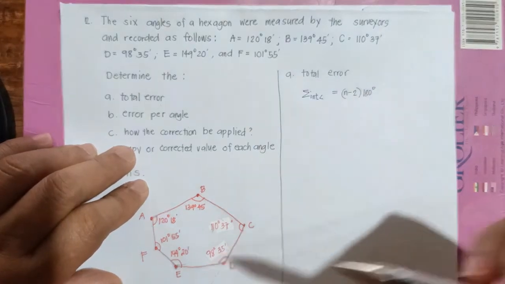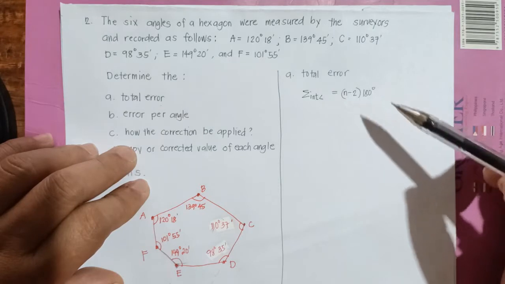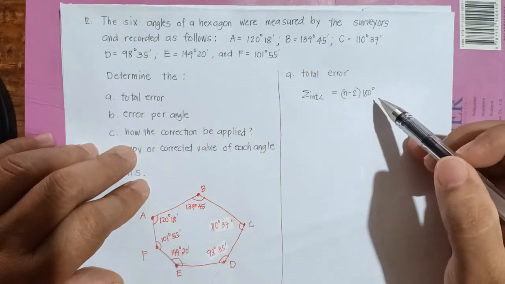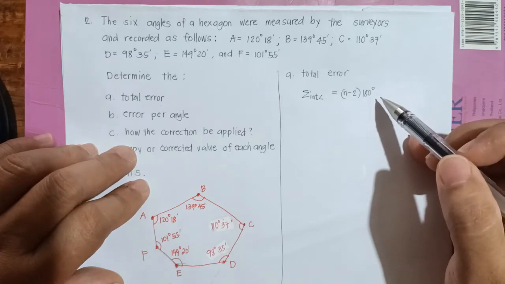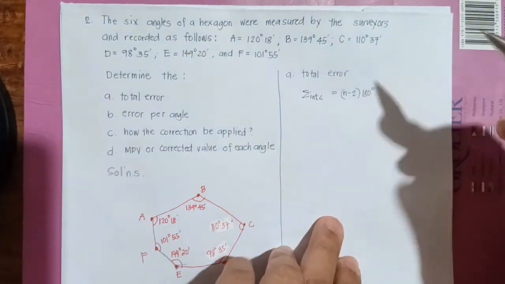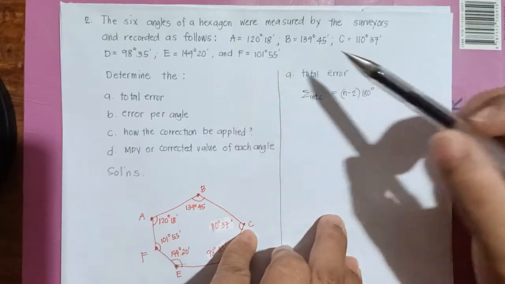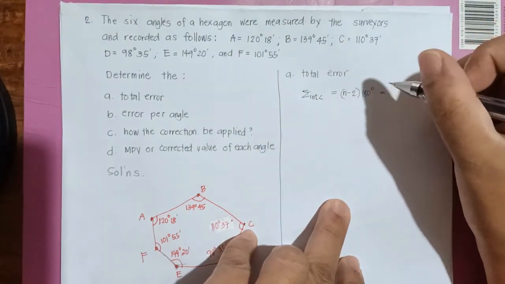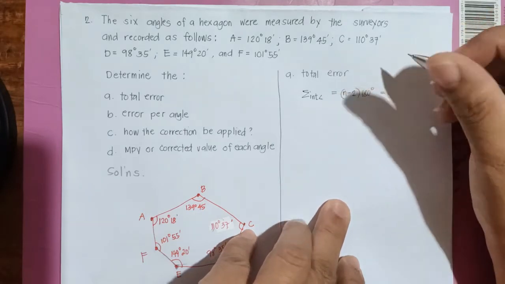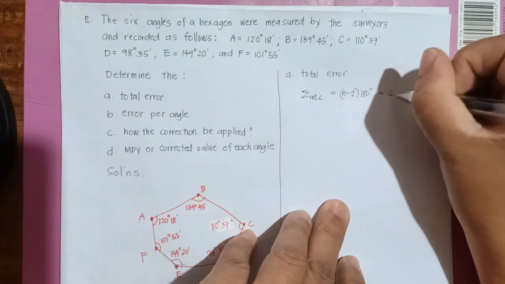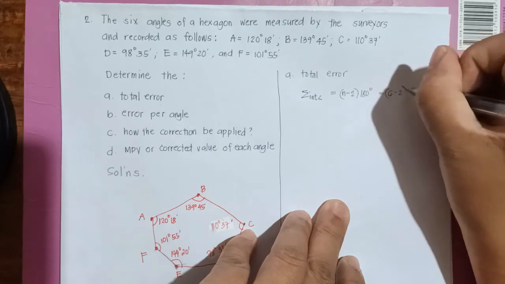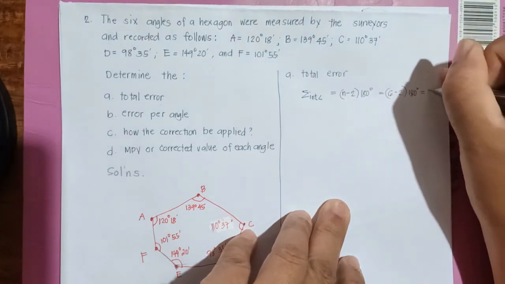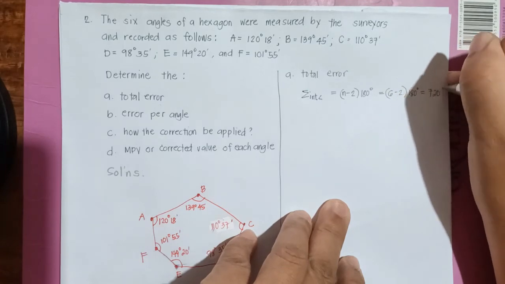Considering that this is a hexagon, n is equal to 6, where n is the number of sides or the number of angles. So we have 6 minus 2 times 180 degrees, which is 720 degrees.